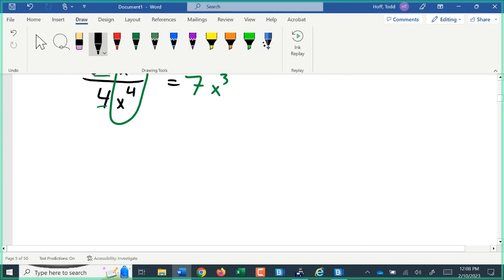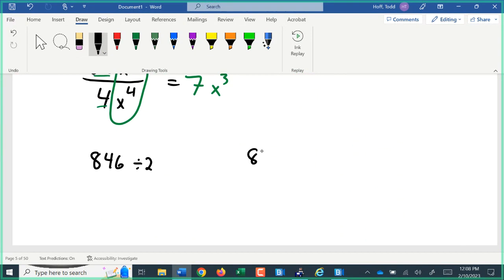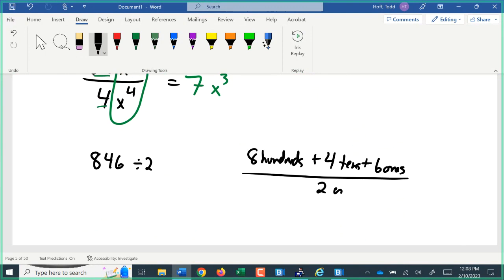If we have a multiple digit number divided by a single digit number, we might have 846 divided by 2. We can write that out as 8 hundreds and 4 tens and 6 ones, and divide by 2 ones. And we can divide each digit separately. 8 hundreds divided by 2 ones, that's 4.